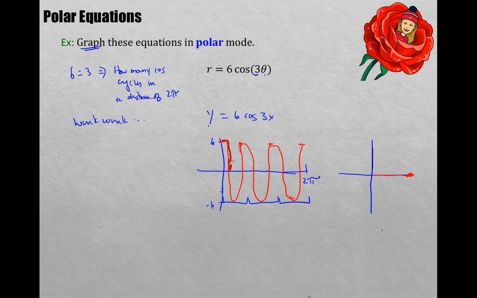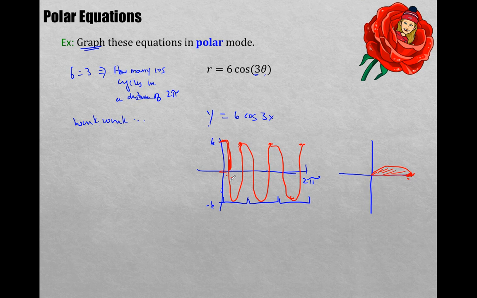Now look here, what happens? I stay positive, but then go to 0. So in polars, my radius is going to shrink to 0. As I rotate around, my radius goes to 0. Radius 6, radius shorter, shorter, shorter, 0.